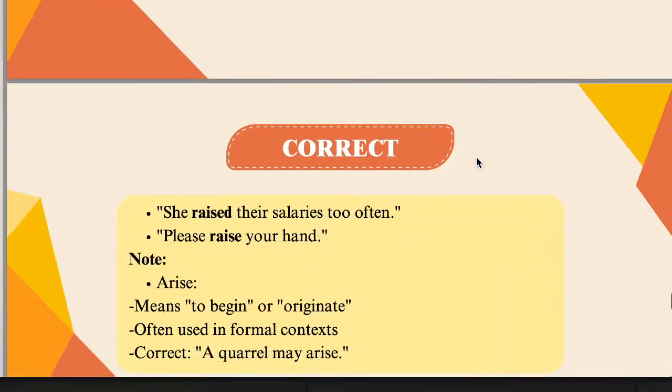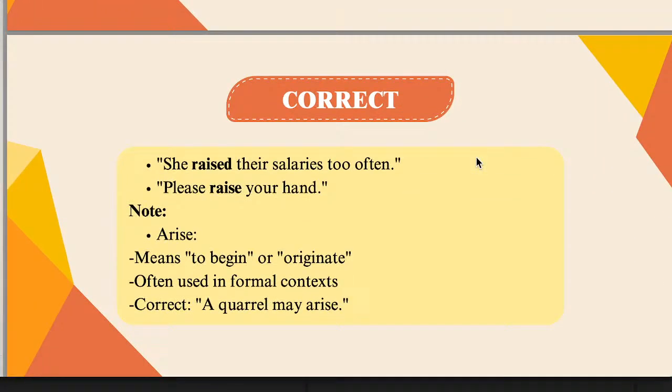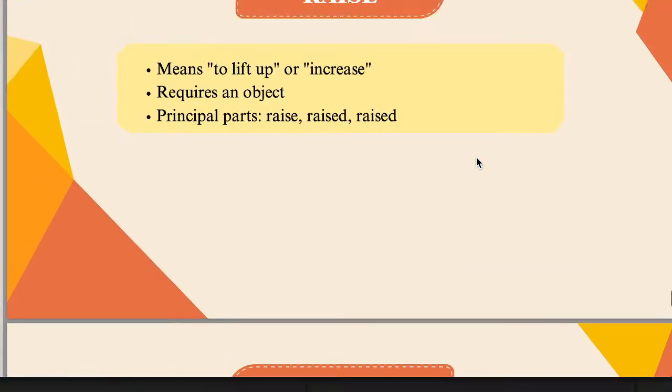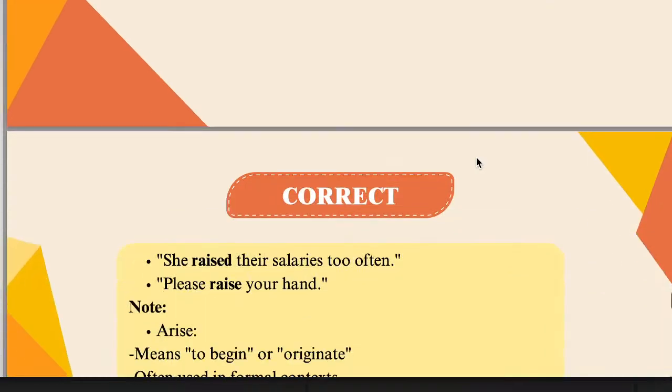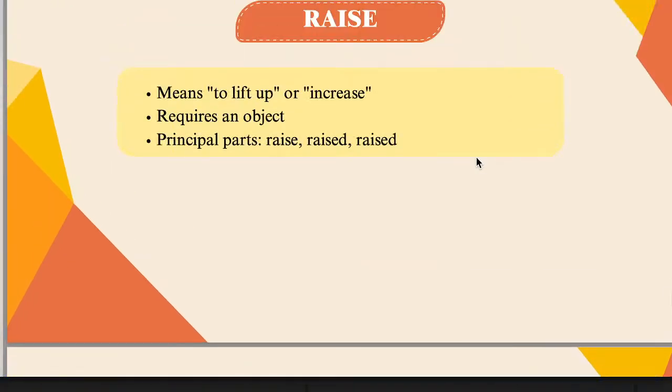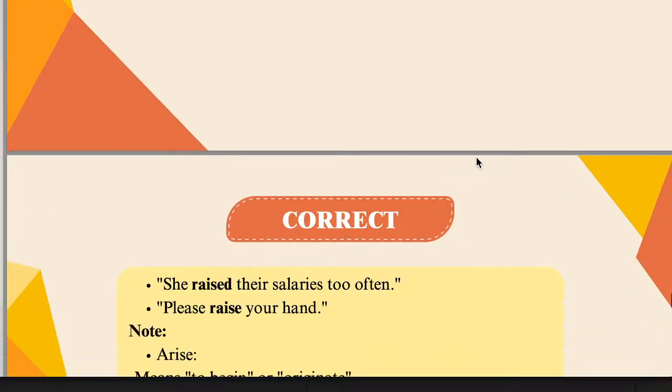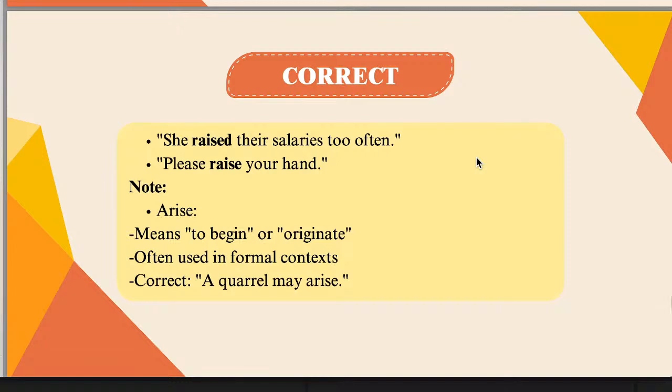Now, how do you use it in a sentence? She raised their salaries too often. That means she mostly increased their salary. Please raise your hand. That means please move your hand up or lift your hand upwards. Now, what is the meaning of arise? It means to begin or originate.